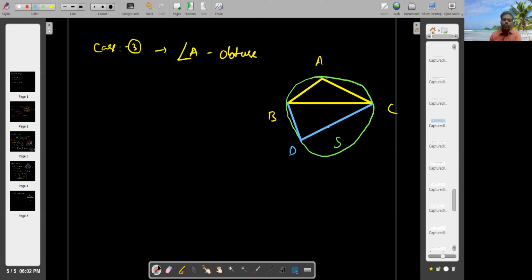Angle DBC is an angle in a semicircle, so this is 90 degrees. This value is A units, this is B, this is C units, and this is capital R. This is also capital R.